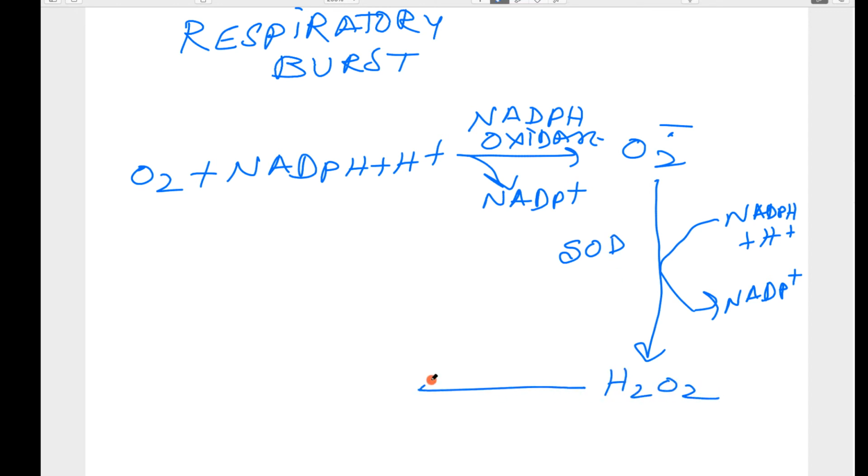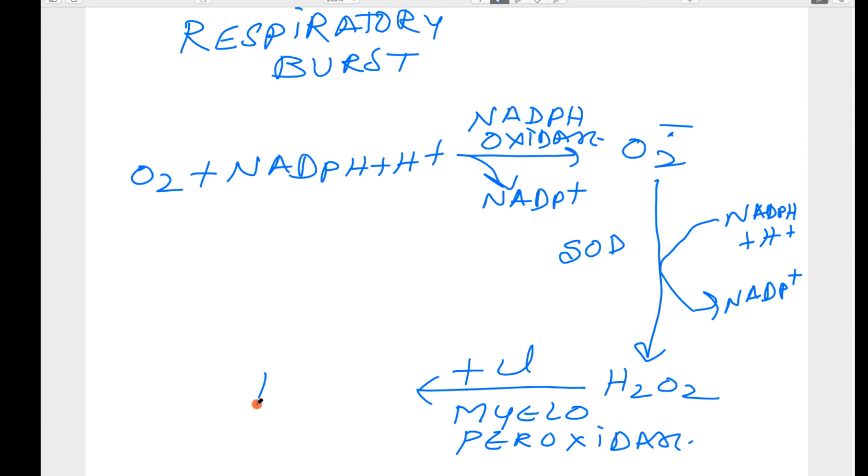This H2O2, in the presence of chloride, with the enzyme myeloperoxidase, leads to the production of highly active hypochlorite, a radical. This acts as bactericidal action, killing the pathogens. This is how the cell uses free radicals for its own advantage in macrophages and cytotoxic cells.